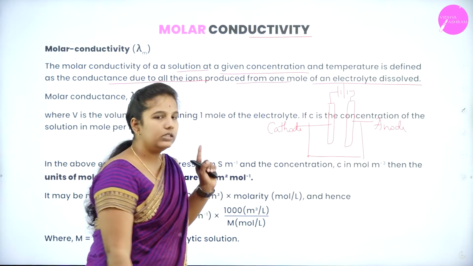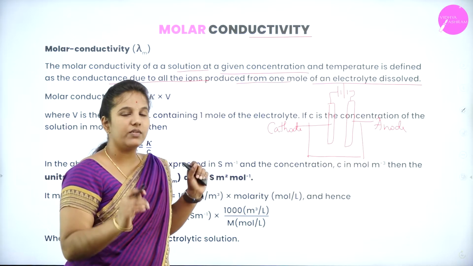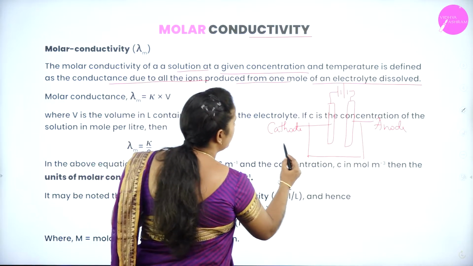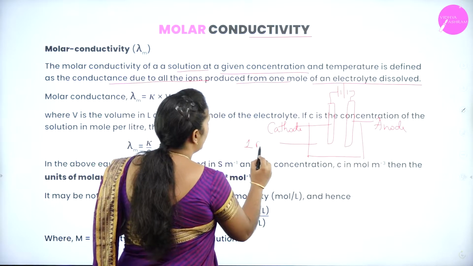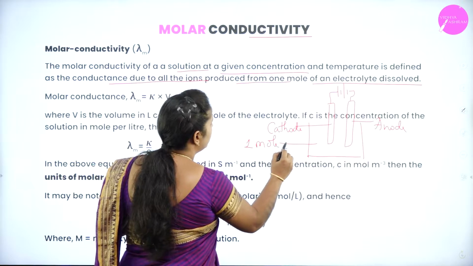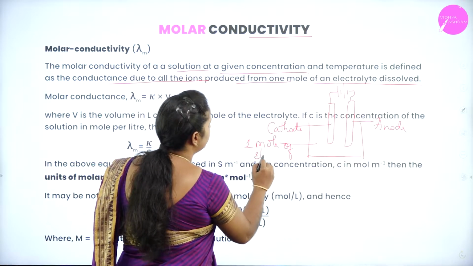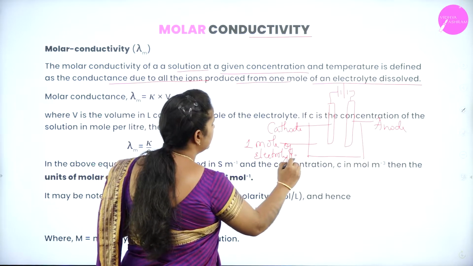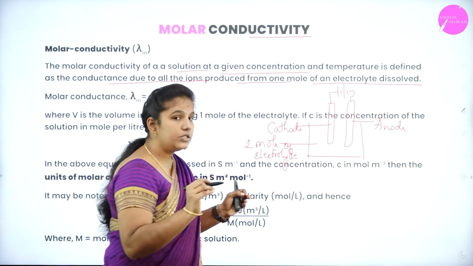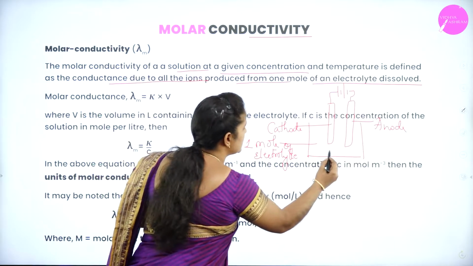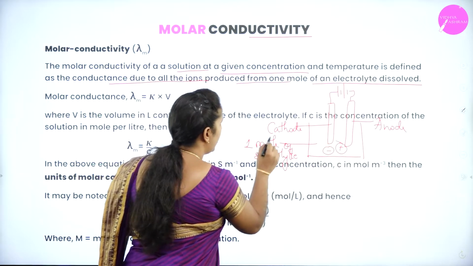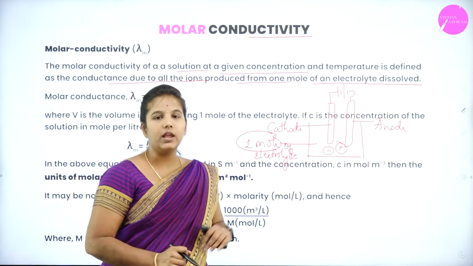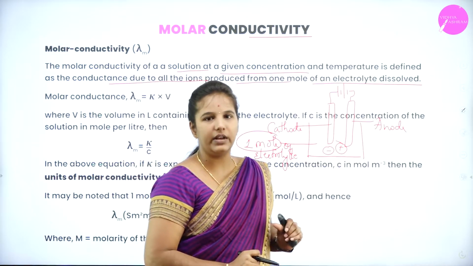And remember, the molar conductivity means we are dissolving 1 mole of an electrolyte. So how much of the ions which have been produced from this 1 mole of an electrolyte, that is said to be the molar conductivity.